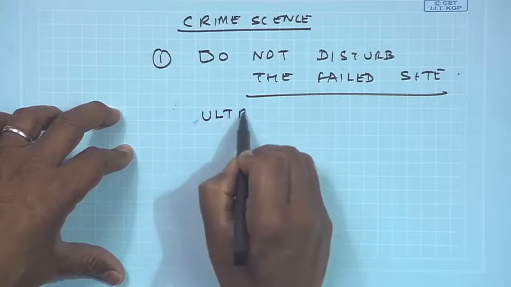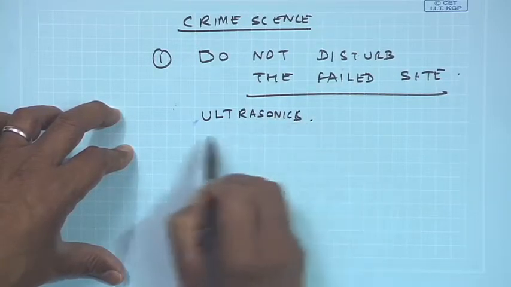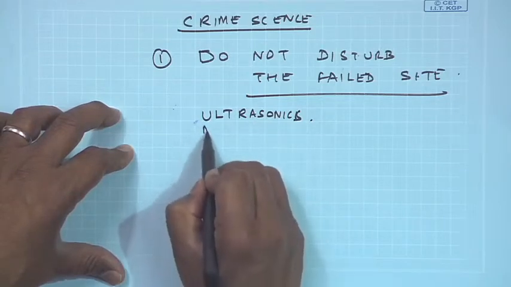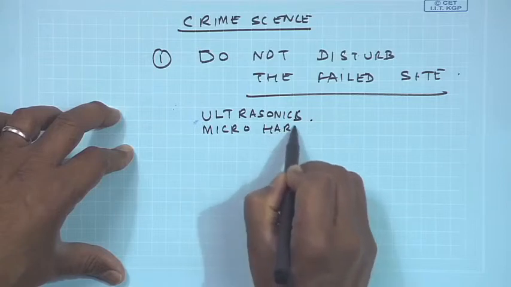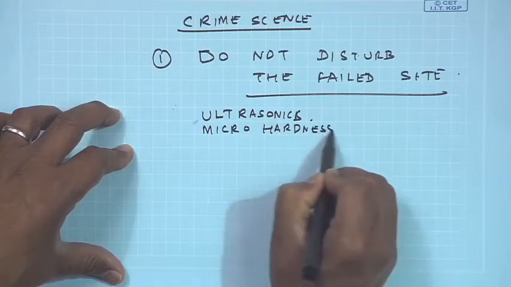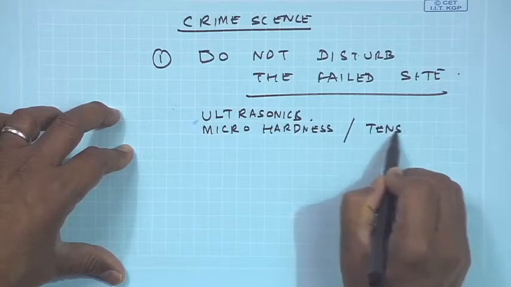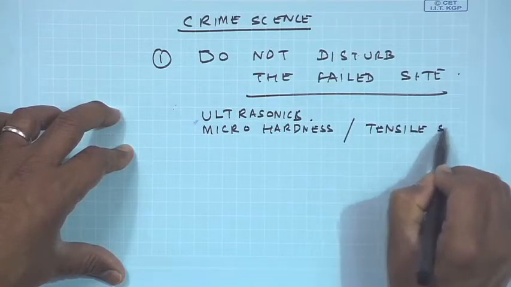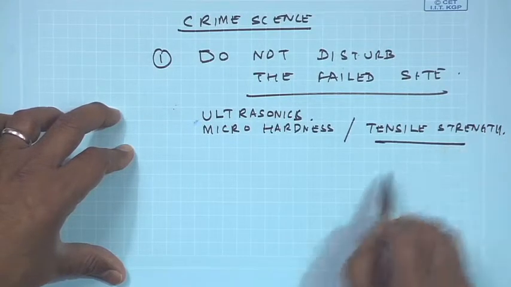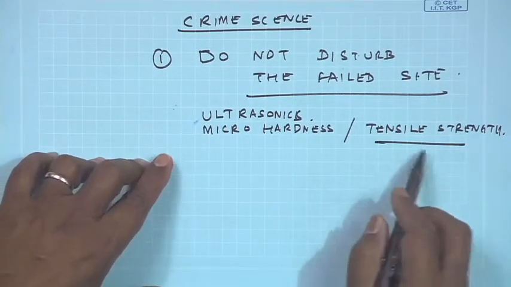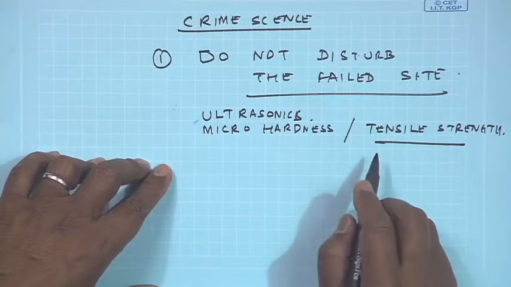Ultrasonics. If there are small fragments, we can do micro hardness measurement. For some machines, we can measure the micro hardness and also the tensile strength. So, whether the component had the desired strength, many times we have seen that material of inferior quality has been used.